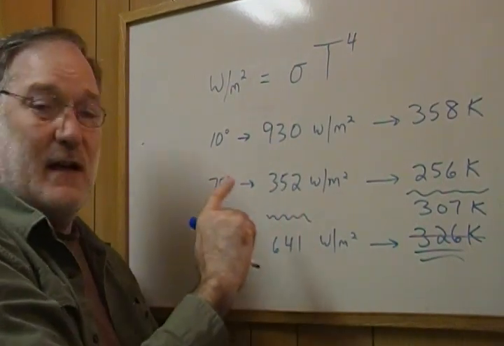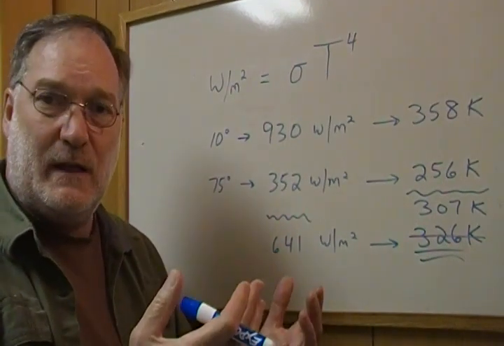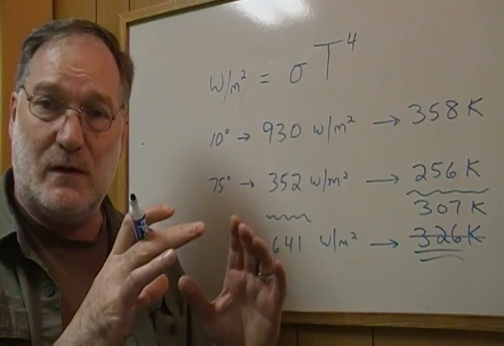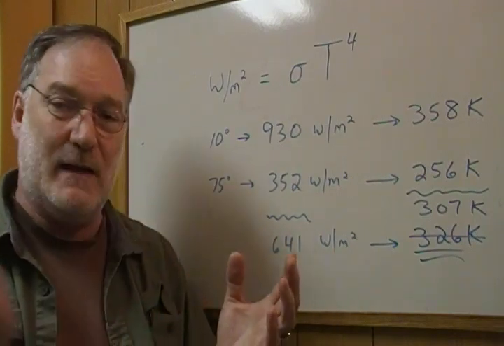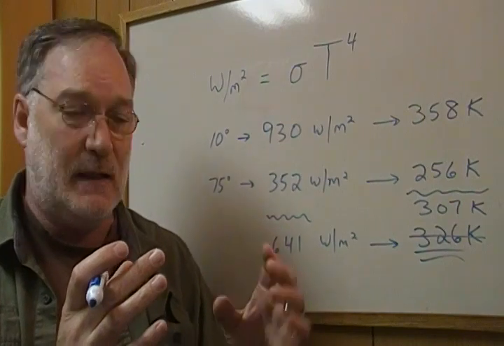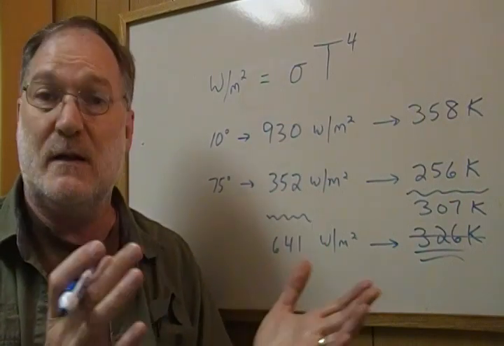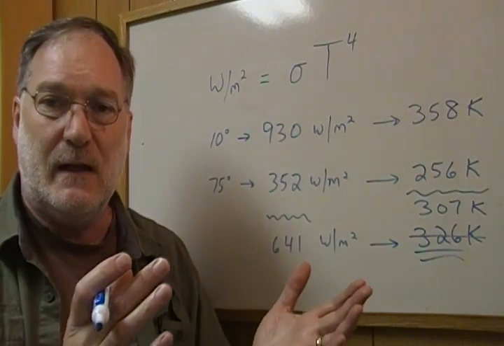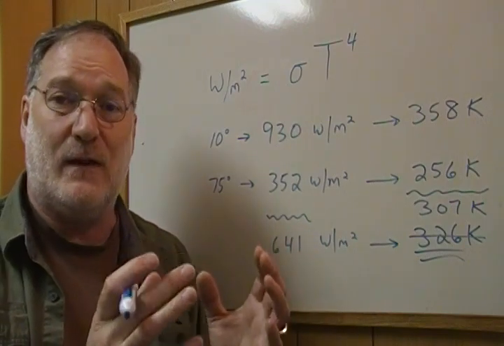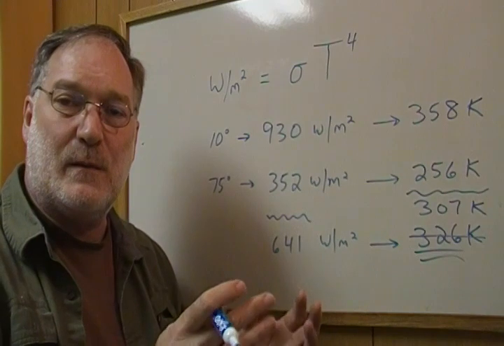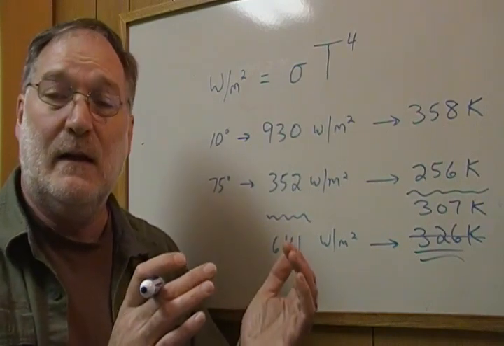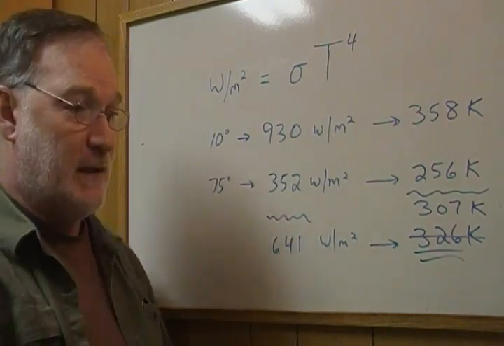Now, this becomes even more extreme when you factor in temperatures on the dark side, the side away from the sun. The sun's shining on one side of the black body. On the other side, there is no sunlight coming in, and so no matter what, if you're taking the average surface temperature, you have to factor in the dark side as well.